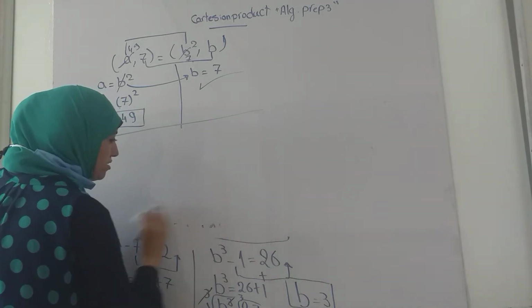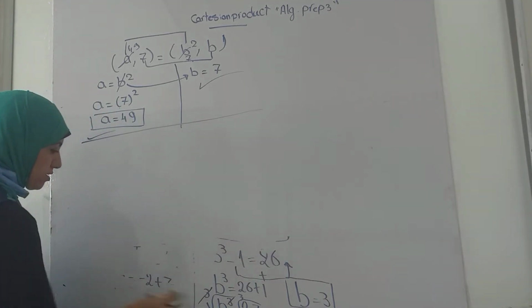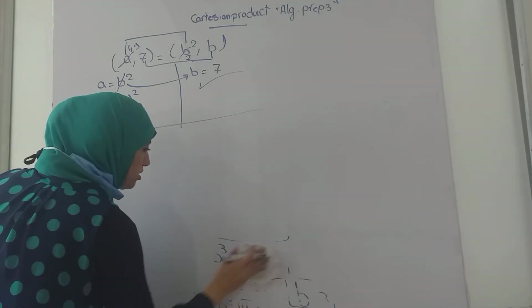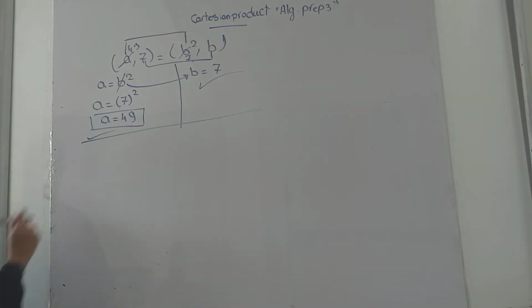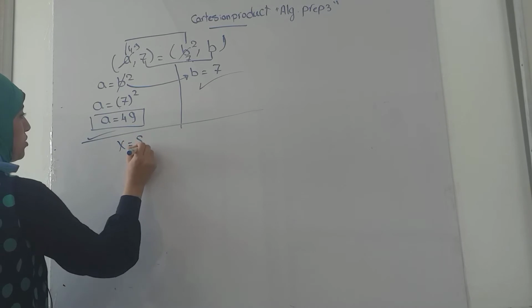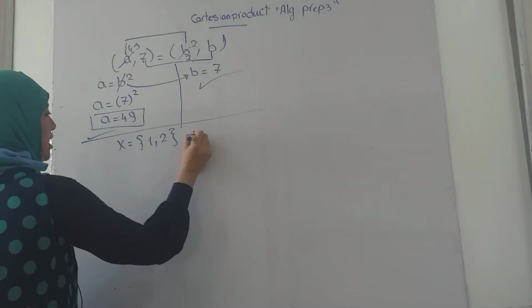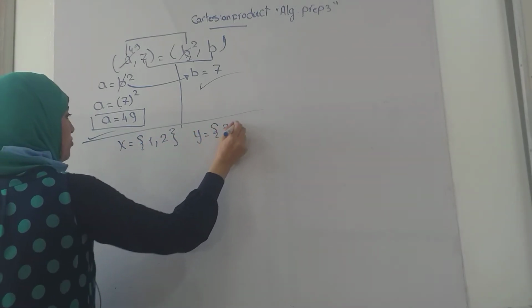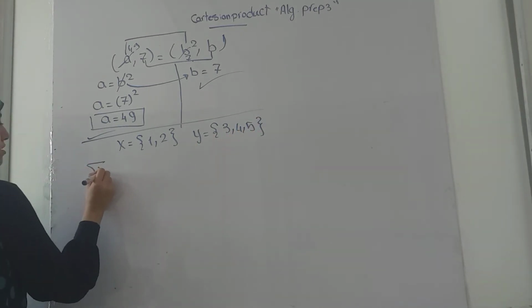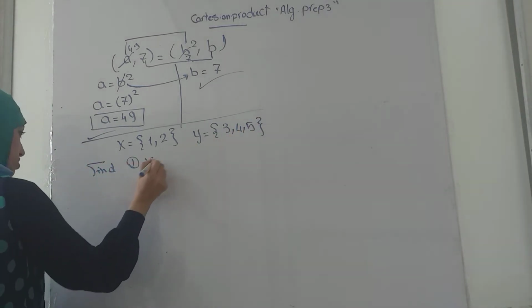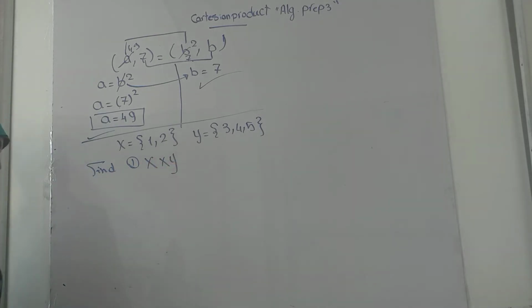We can take an example on Cartesian product, not on ordered pair. Let's take an example. If x equals {1, 2} and y equals {3, 4, 5}. Find x Cartesian product y.